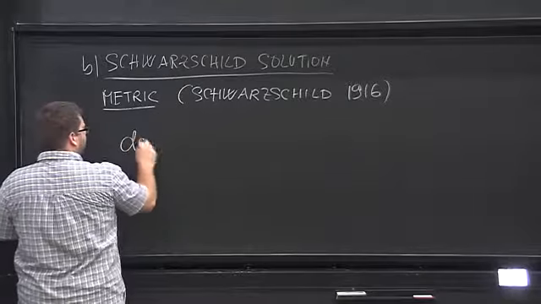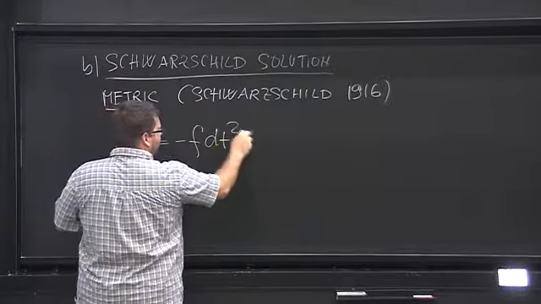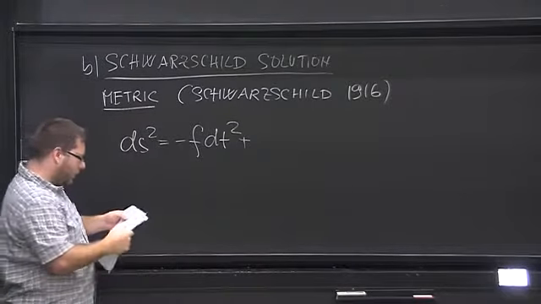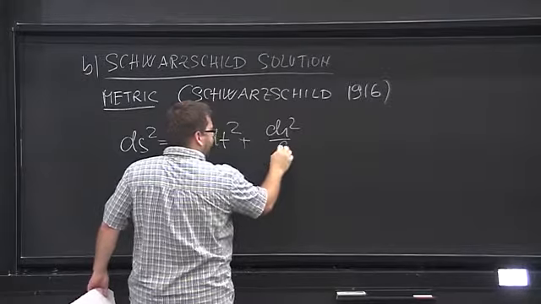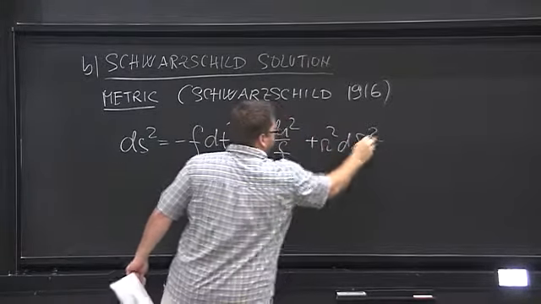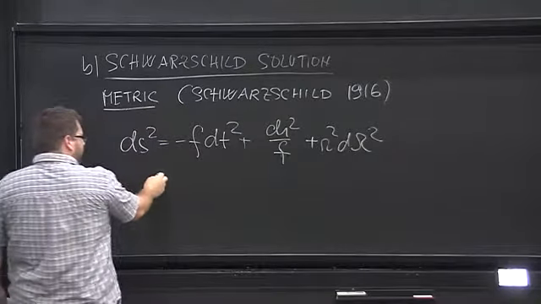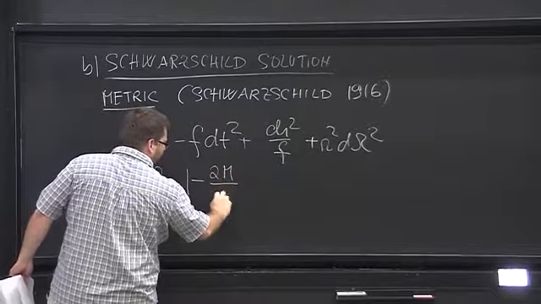So anyway, the solution reads: the metric, which is now an exact solution of the equations, can simply be written as ds^2 = -f dt^2 + dr^2/f + r^2 dΩ^2, where this function f is given by 1 - 2m/r.